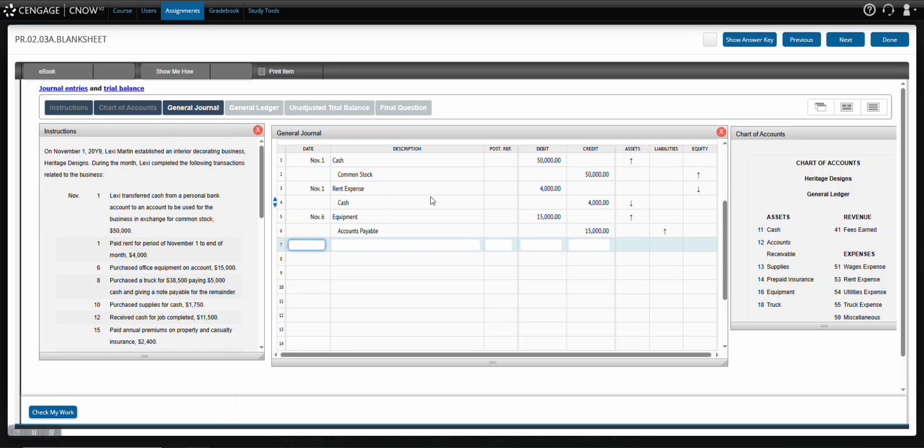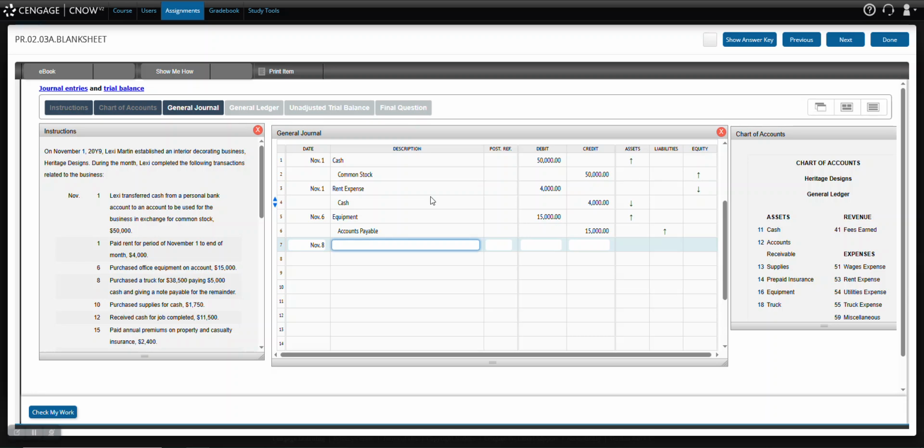I owe $15,000 sometime in the future to somebody, so I have to show that as an increase to my liability account. And again, you see in that accounting equation, both my asset is going up and my liability is going up.